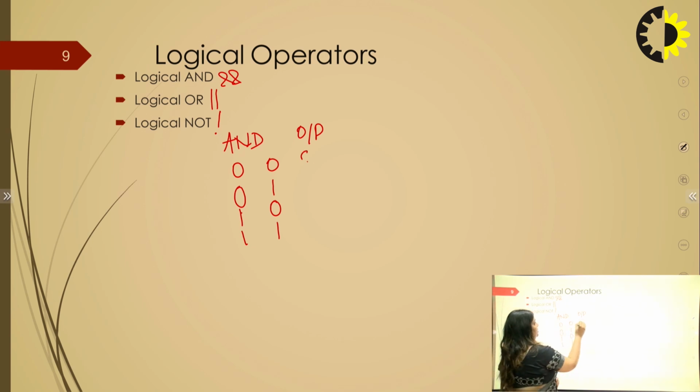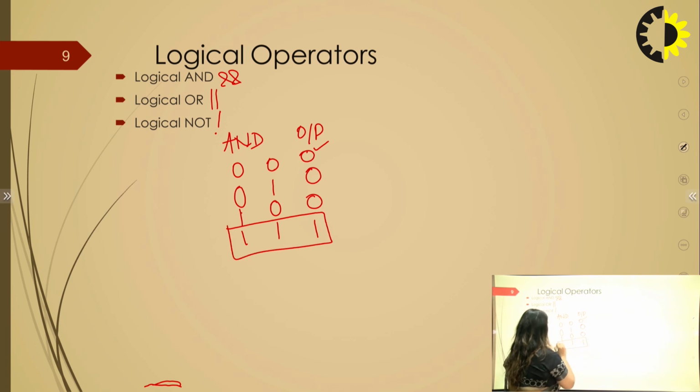For AND, if both the inputs are false, the output will be false. 0 is considered as false here. For inputs 0 0, 0 1, 1 0, 1 1, the output is 0, 0, 0, 1. It means for a true output in case of AND, both the inputs should be true, right?